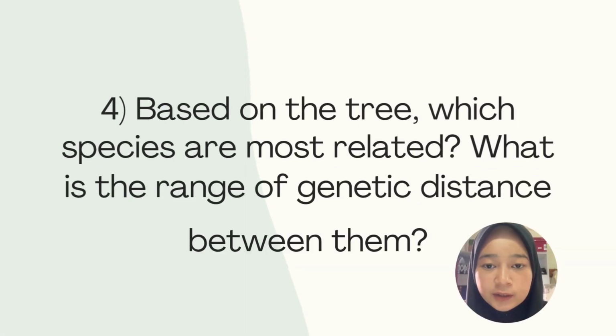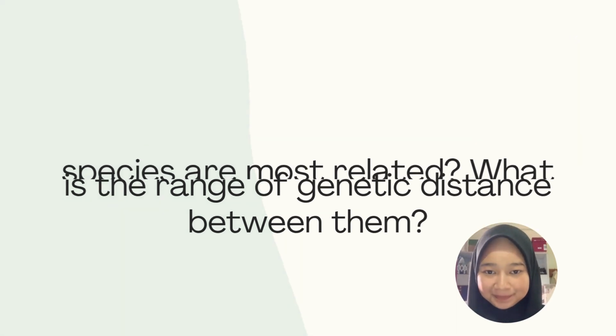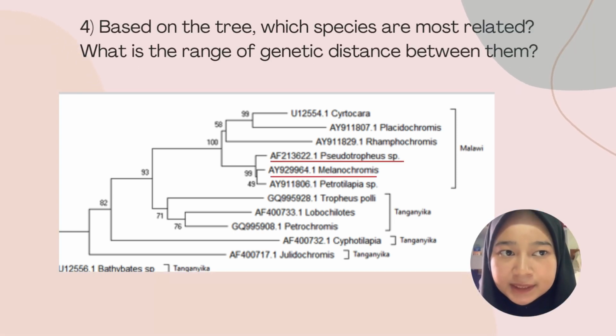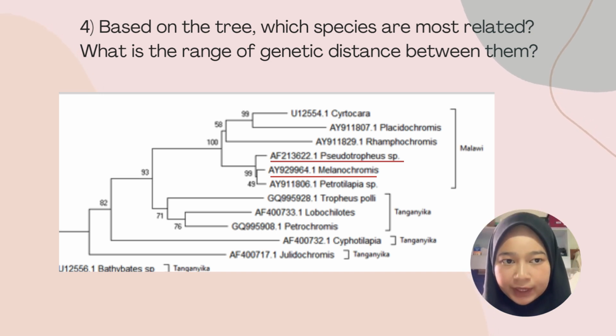Question number 4 is: based on the tree, which species are most related and what is the range of genetic distance between them? The most closely related species in the tree are clearly Pseudotropheus and Melanochromis, as indicated by their extremely short branch length and bootstrap value.